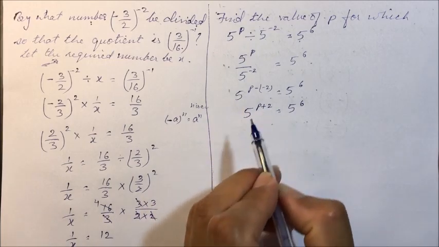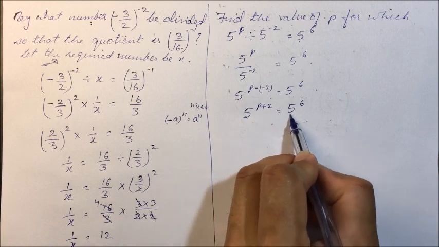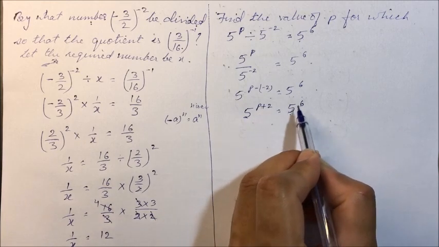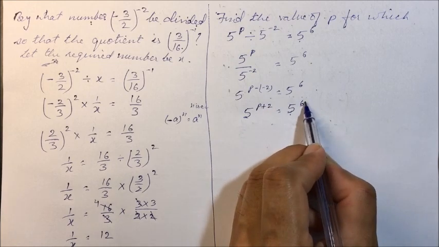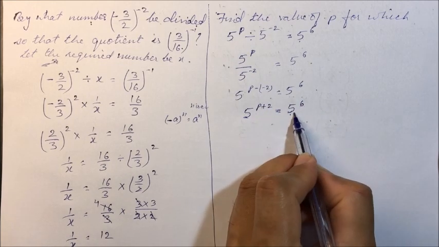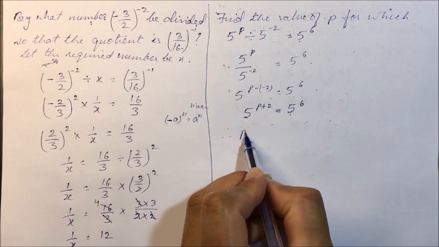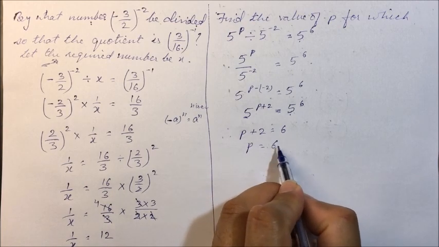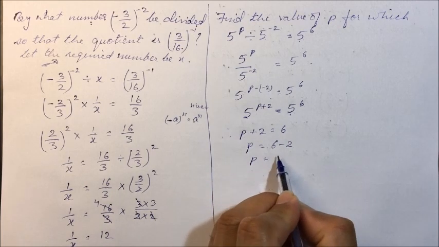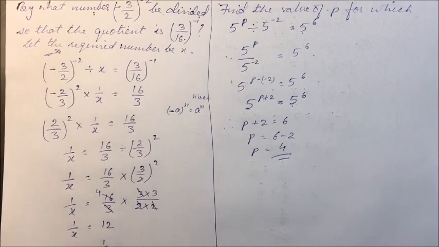And you can see here, as the bases are the same, we can equate the powers. As the bases are the same, these powers have to be equal so that LHS equals RHS. Therefore p plus 2 equals 6. p equals 6 minus 2. p equals 4. So hence the value of p is 4.